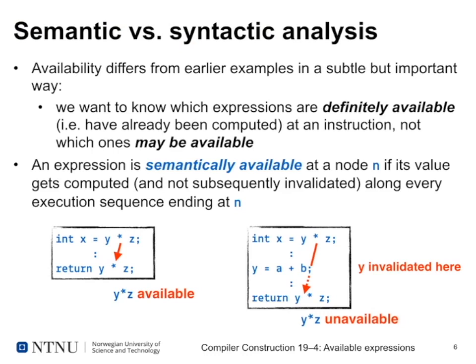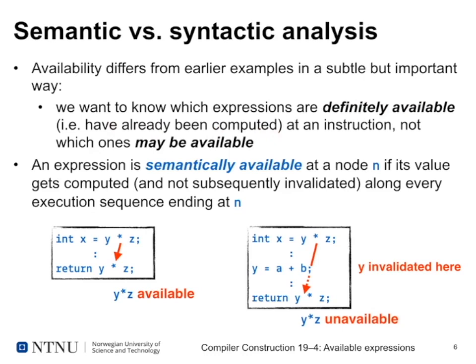Here we want to know which expressions are definitely available. There can be no case in which an expression has changed values. If we arrive at a program point and we have availability, it has to be available there in any case. So we know they have to be computed before at a certain instruction.